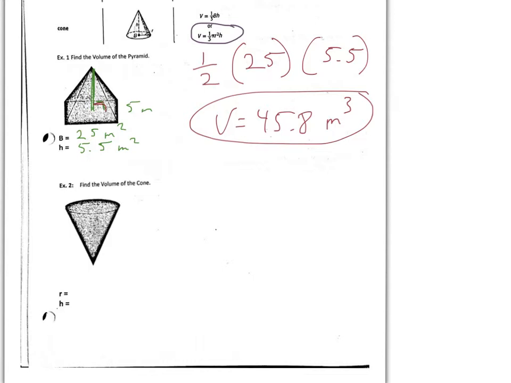So the radius in this case, we will call it 6. So our radius is 6. And we'll say in this case, well, suppose we don't know the radius. Suppose we know that the slant height is 7. How are we going to find the height if the slant height is 7?